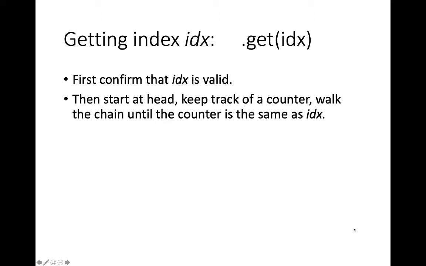We should be able to do that with the value of size, because if we're going to get a particular index, it has to be between 0 and size minus 1. That's easy enough to do. And then what we basically do is start at the head of the list and keep track of a counter. And we walk the chain until the counter is the same as the index we're looking for. And then we know that we're at the right node, right?